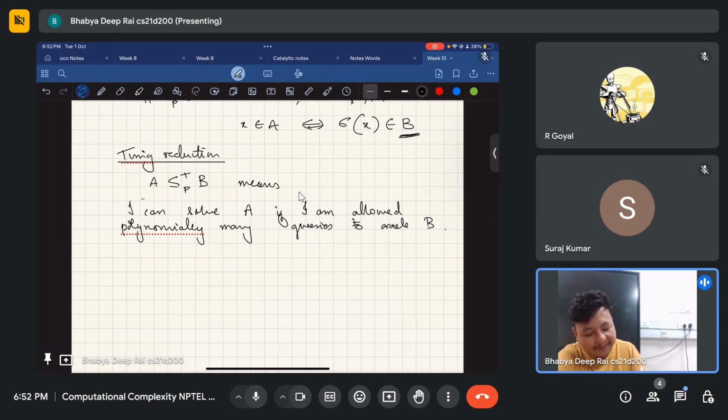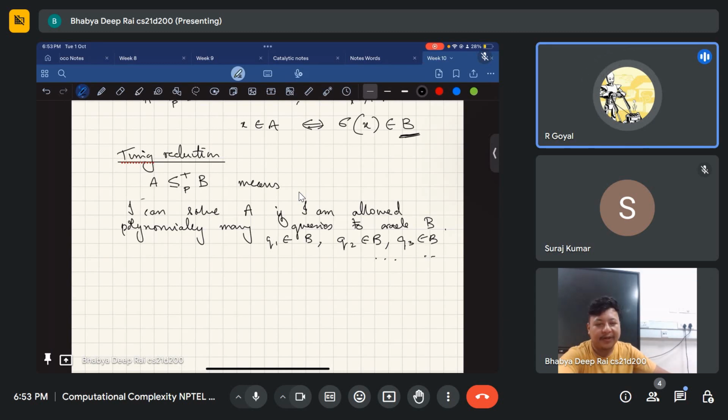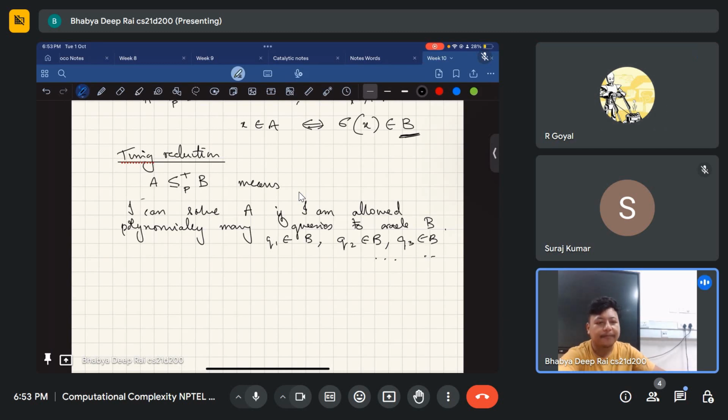The queries will be of the form: is Q1 in B, is Q2 in B, is Q3 in B, and so on. So this is what Turing reduction is.